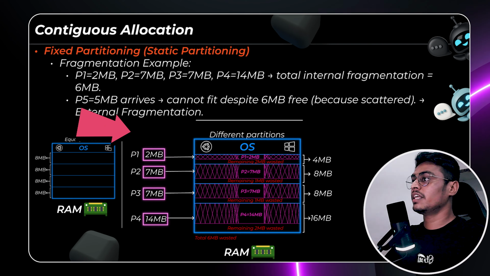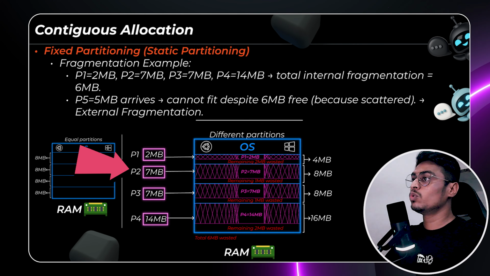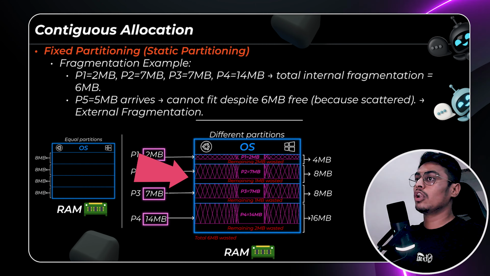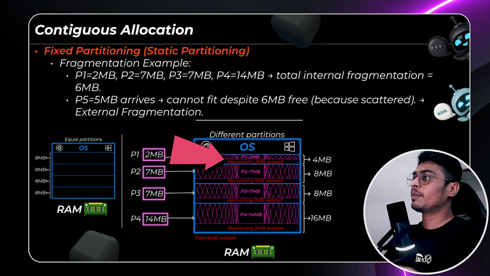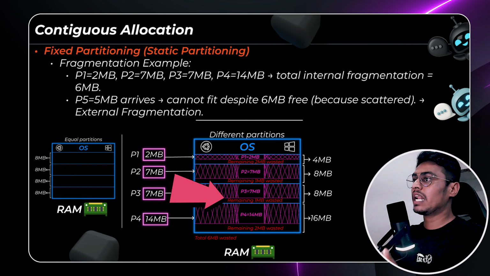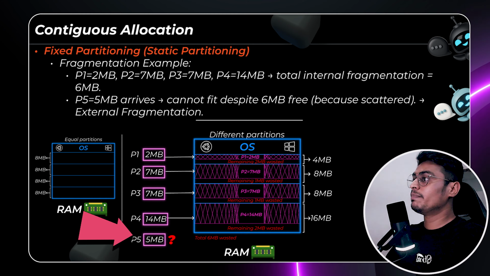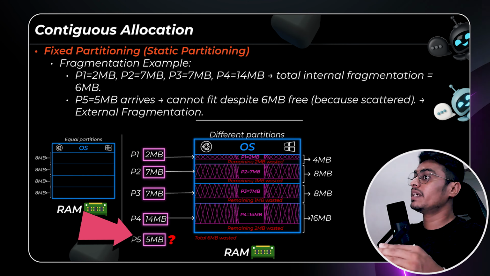Now consider this scenario: P1 2 MB, P2 7 MB, P3 7 MB, P4 14 MB. These are allocated, creating internal fragmentation of 2 MB, 1 MB, 1 MB and 2 MB. Total 6 MB wasted. Now if P5, let's say 5 MB, arrives, it cannot be accommodated despite having 6 MB total free space, because this space is fragmented across different partitions.